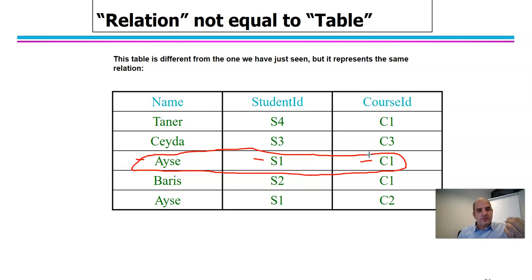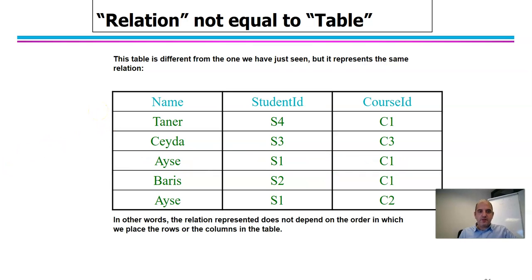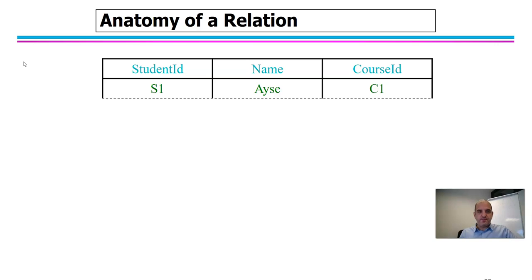So the table format can change, but the relation is still the same. In other words, the relation represented does not depend on the order in which we place the rows or the columns in the table. We can say that the format of the table, the order, are not so important.